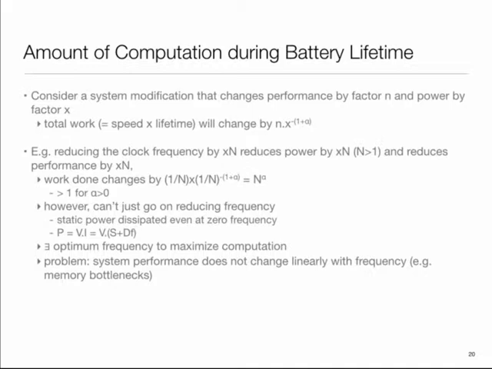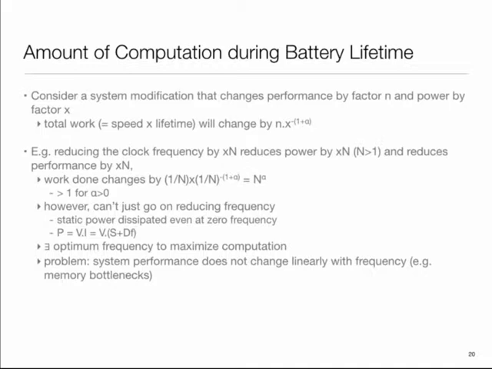The net result of that change is that its performance changed by a factor of n and its power consumption changed by a factor of x. So the total work that the system can do before the battery is exhausted, since the current went up by a factor of x, the lifetime total work will change by n times x to the minus 1 plus alpha, because the alpha would come into play.